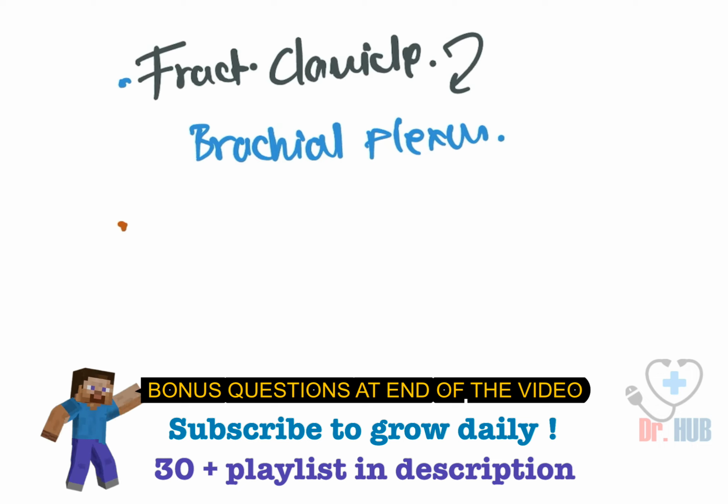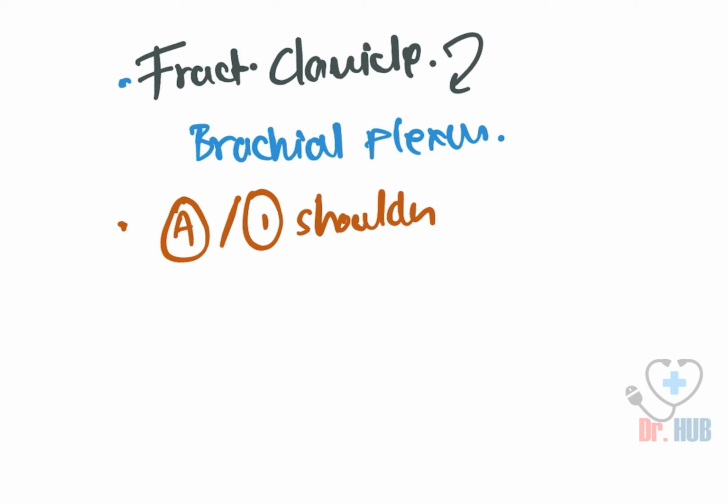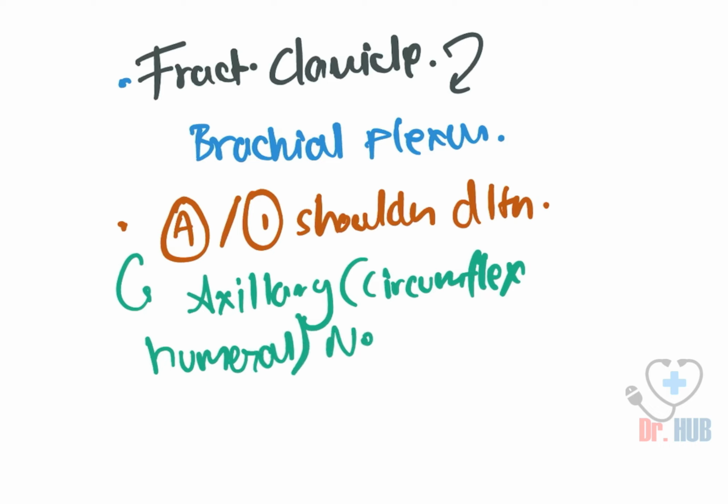Next, we look at the anterior as well as inferior shoulder dislocation. It involves the axillary nerve, that is nothing but the circumflex humeral nerve.